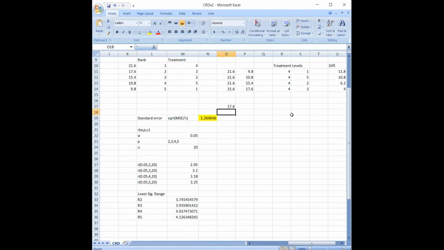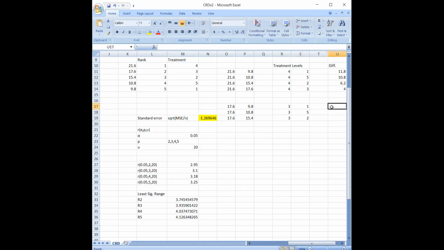You compare 17.6 first with 9.8, the smallest, then with 10.8, the next smallest one, and then with 15.4. Here we are comparing the treatment mean of treatment 3. 9.8 is from treatment 1, 10.8 is coming from treatment 5, and 15.4 is coming from treatment 2.